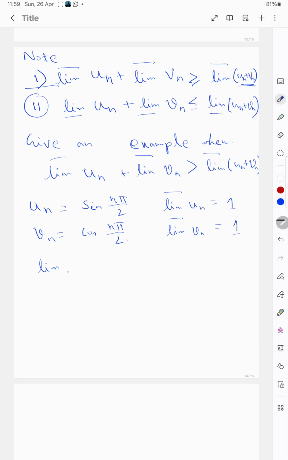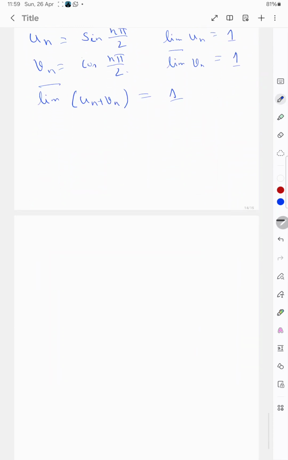But if you consider limit of un plus vn, just try it: for n equal to 1, what do you get, for n equal to 2, what do you get, and then try to find the limit. So you will get this is also 1. So here you are getting 1 and here it is 1 plus 1. So obviously this is happening, right? Okay, so these are for your advanced level.